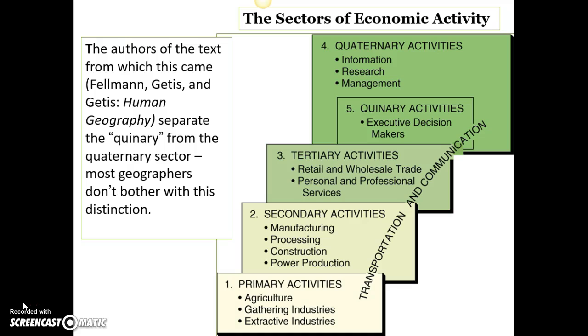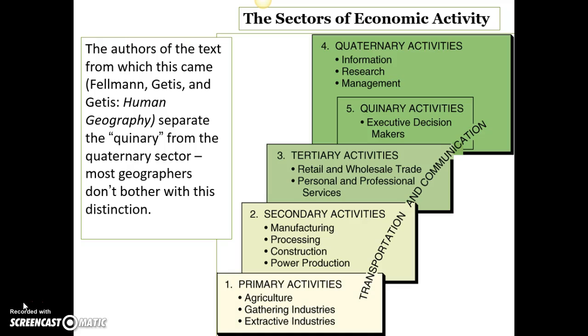That's a tertiary economic activity. Quaternary, information research, some basic management functions, right? So again, teaching falls into quaternary. A large chunk of what Google does would be quaternary economic activities. And then quinary, these are our executive decision makers, kind of the CEOs, as it were.